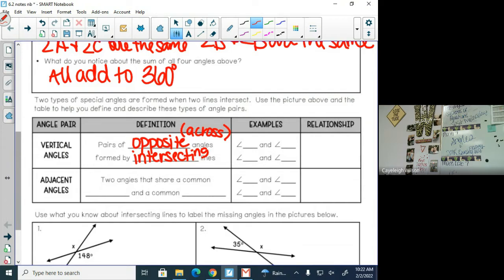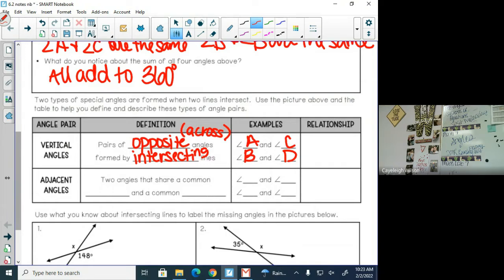So vertical angles are angles that are across from each other. Like in the picture, we said that angle A and angle C and angle B and angle D are across from each other in that picture.